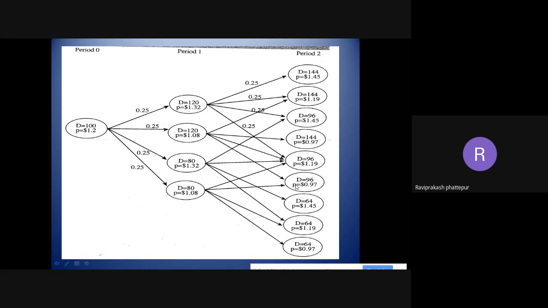So we need to convert these into profits, then bring it back to period 1, then calculate profits for period 1 plus the converted value of period 2. Then again, calculate the profits for period 1 plus the brought back value of period 1 to period 0.